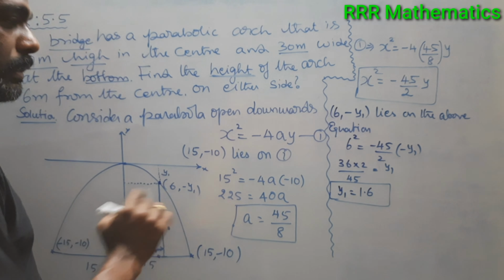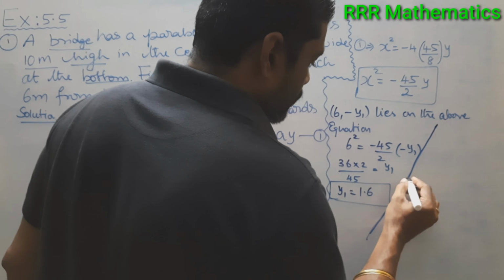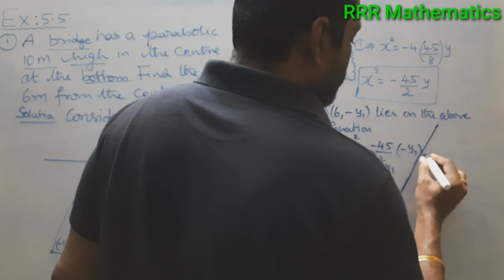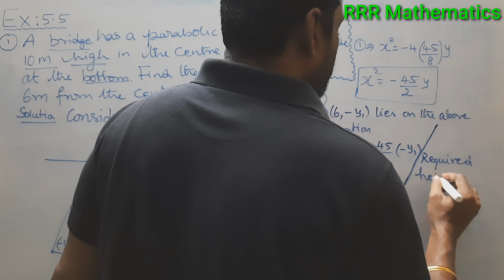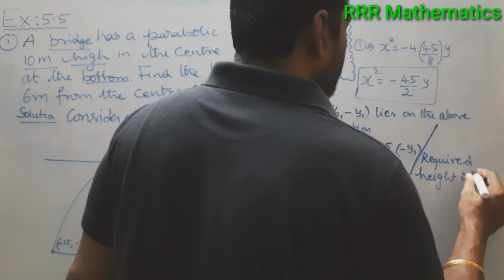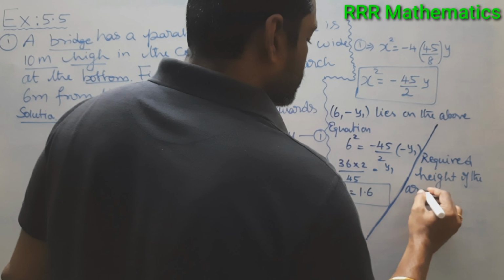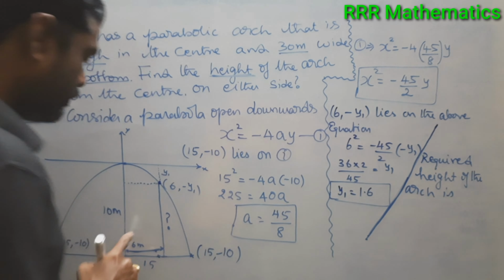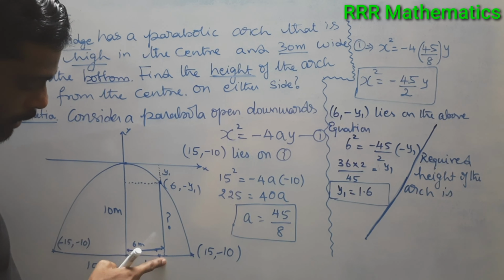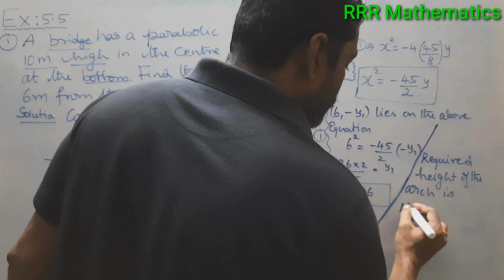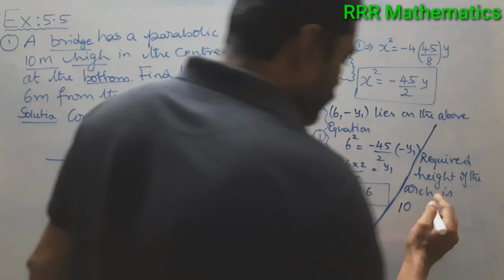Okay. Therefore, the required height of the arch is what? Total height from the x-axis to the bottom is 10, minus this dotted line, that is 1.6.